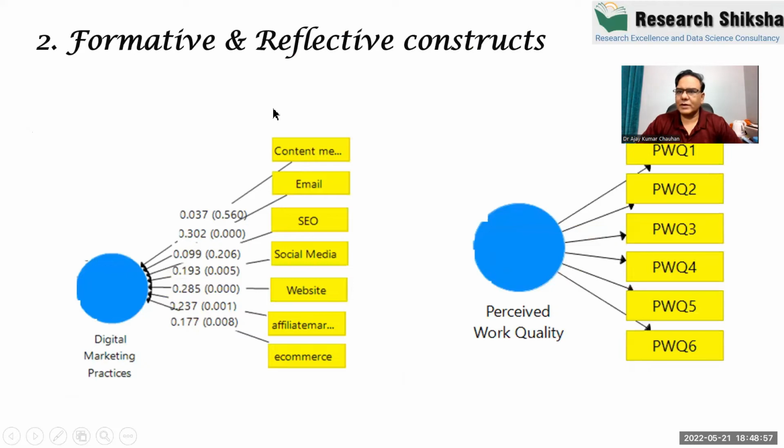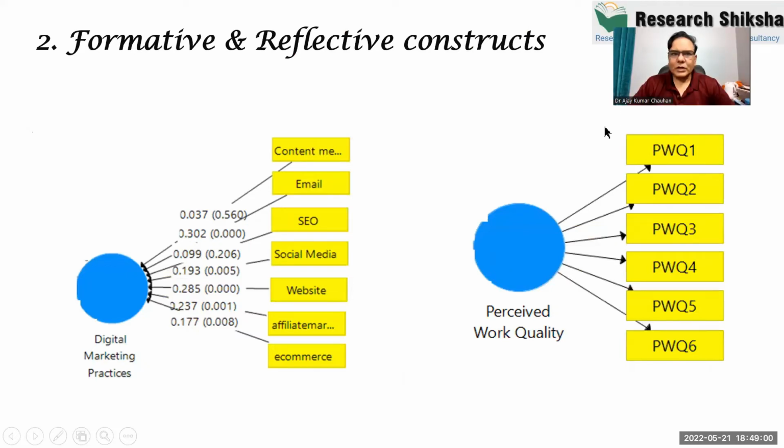Now the second point is that there are two types of construct: reflective and formative. One of the reasons why we are using Smart PLS software is because of the nature of the construct, which is very, very important.